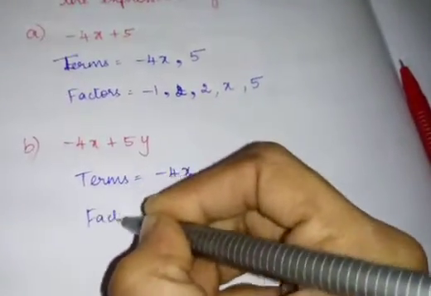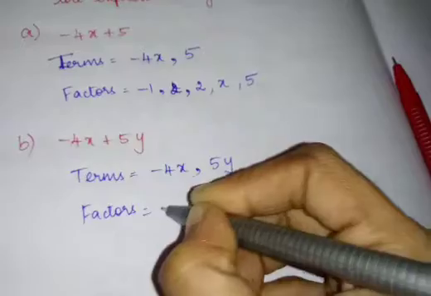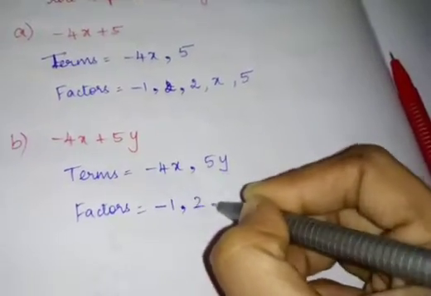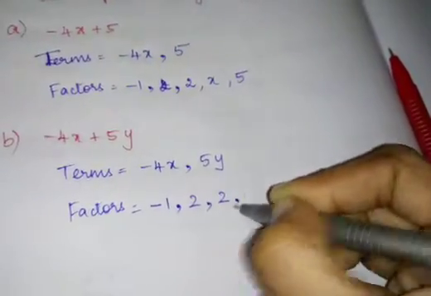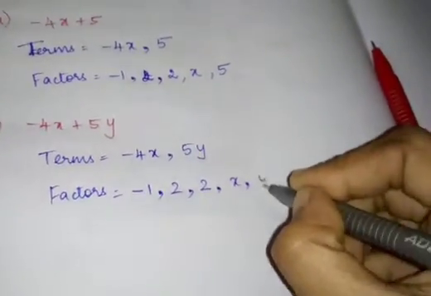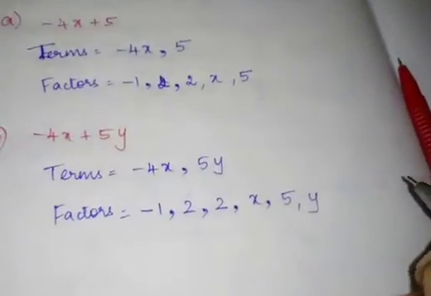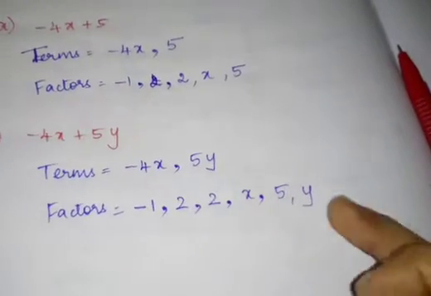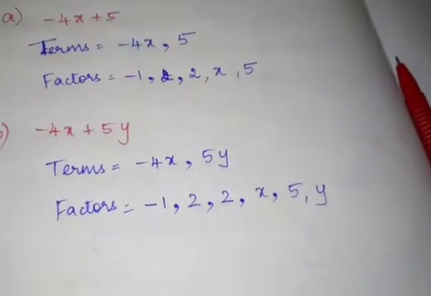What are the factors? Minus 1 comma 2 comma 2 comma x comma 5y. How will you write 5y? 5 comma y.